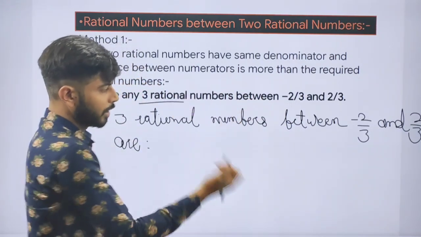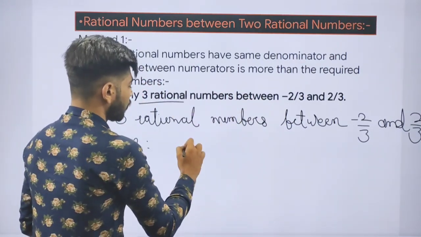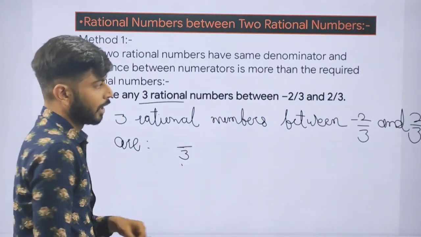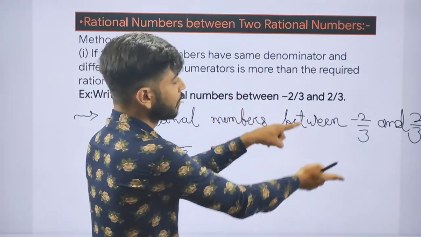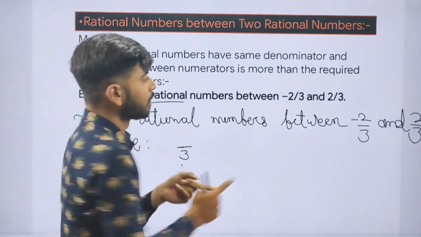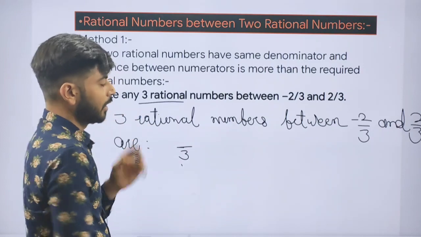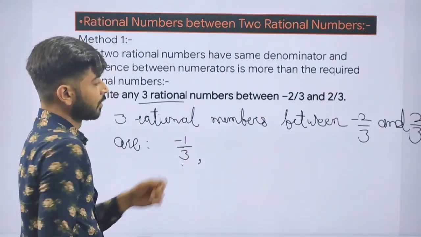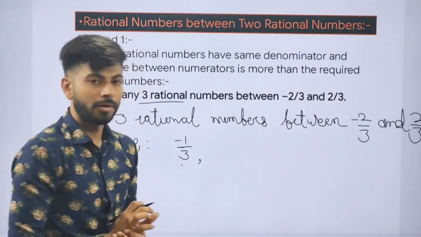We will put the denominator as it is. So we will put the denominator as it is 3, and what we will write? We will write the numbers between 2 and minus 2. So what are they? We will start from the left side. It will be minus 1.